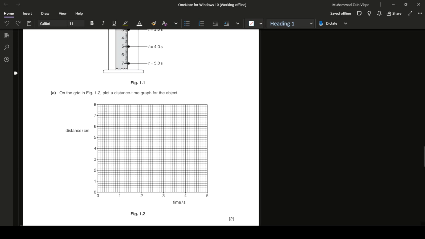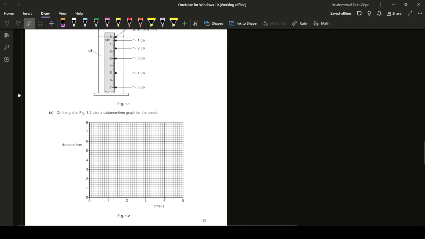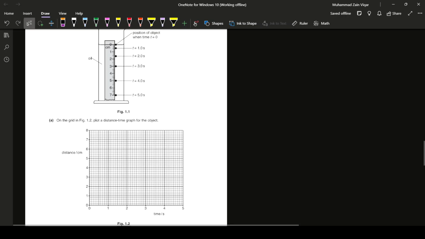On the grid in figure 1.2, plot a distance time graph for the object. So we just need to draw a distance time graph, and before that we just need to simply plot the values. I take the first time instant when time t equals 0, the distance was 0. So this is going to be my first point.